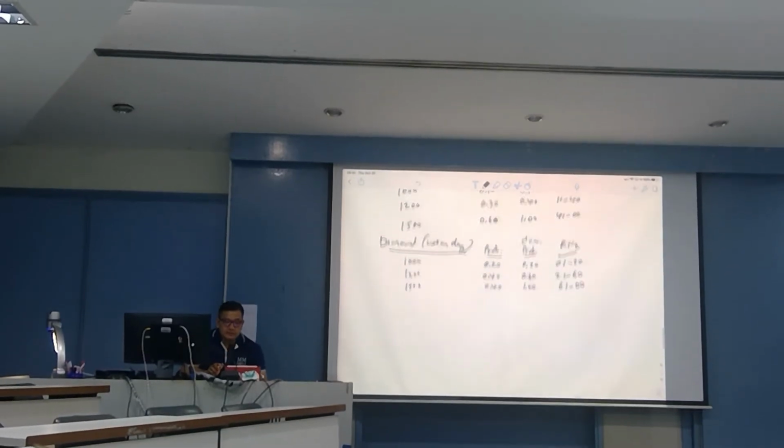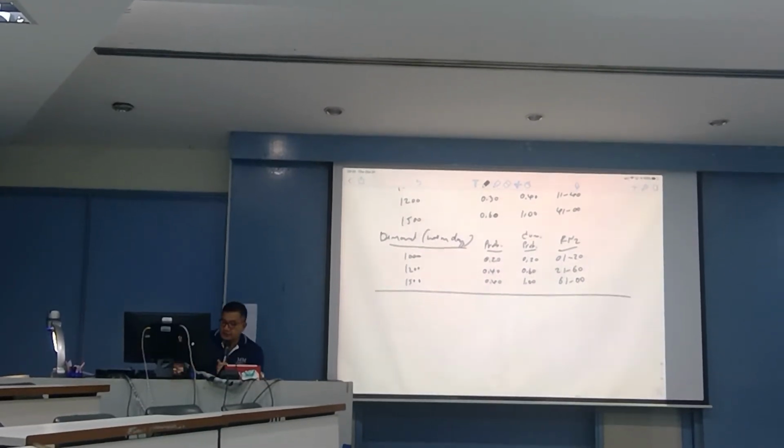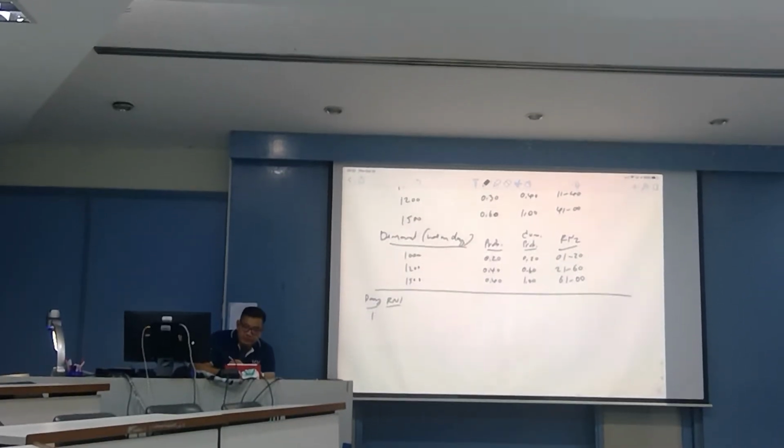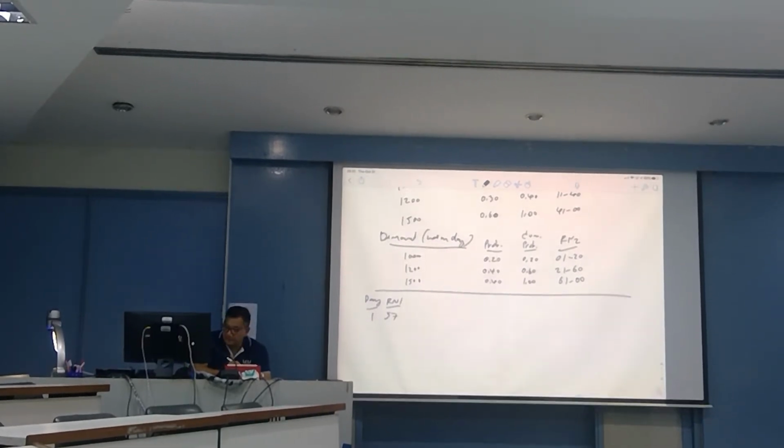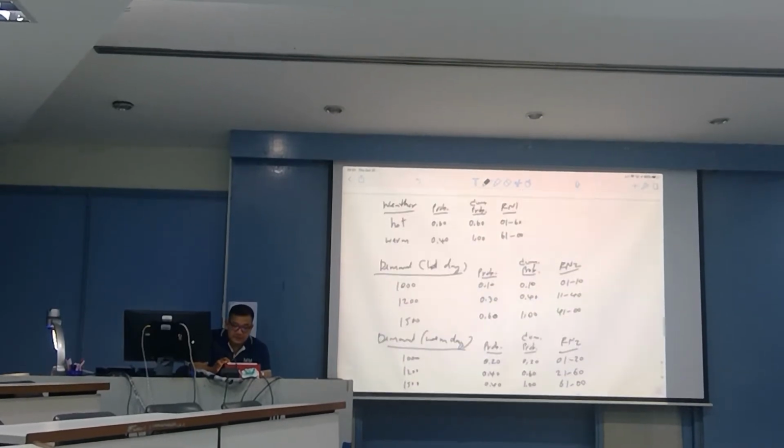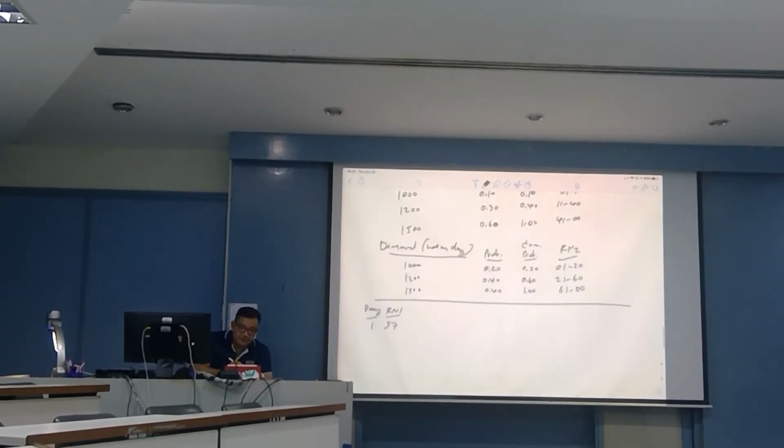So then we're going to do the similar thing for 10 days. So day 1. We need to select the weather first. 57. 57 is in the weather range 01 to 60. The weather is hot.